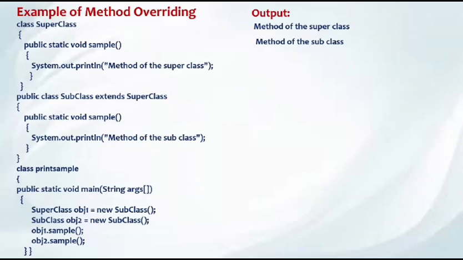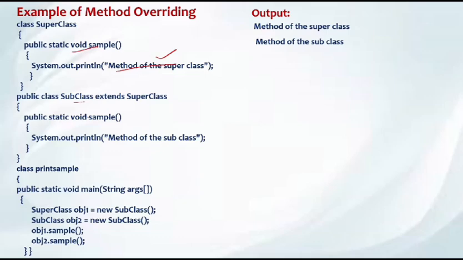Next example. Here we have a super class. In that super class, we have void sample, the method of the super class. Here one System.out.println statement prints method of super class. Second, the public class subclass, which inherits the properties of the superclass.